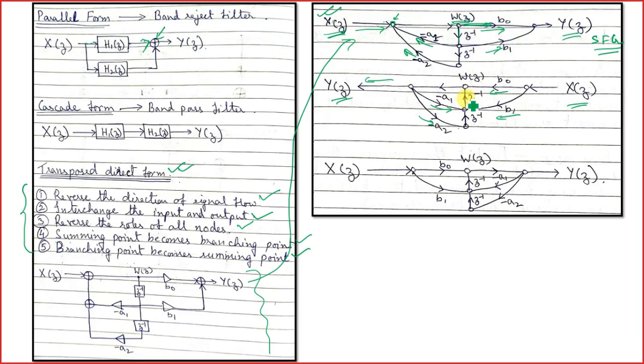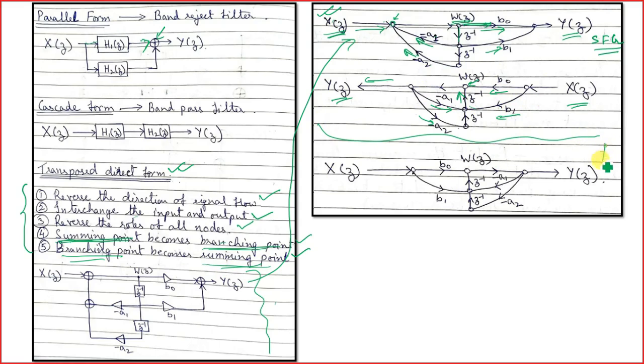Now their direction has changed, so the diverging point has become the summing point and vice versa. When you reverse the roles of all the nodes, the summing points become branching points, and the branching points become summing points. This is how you get this architecture.